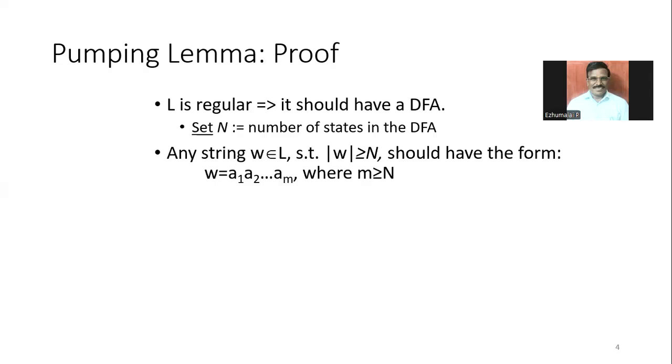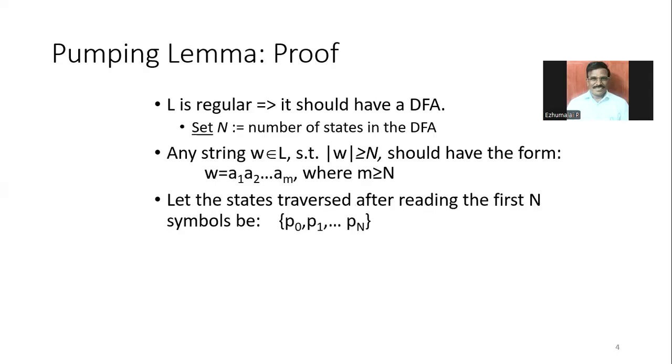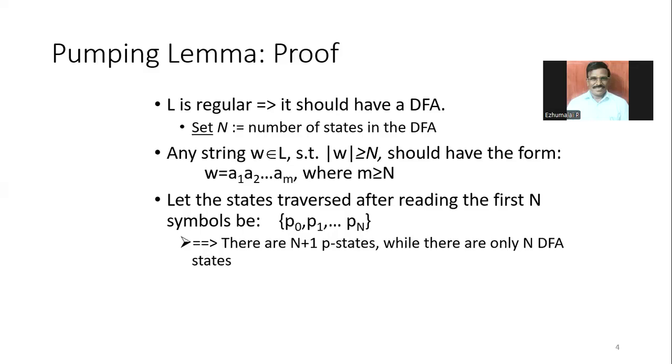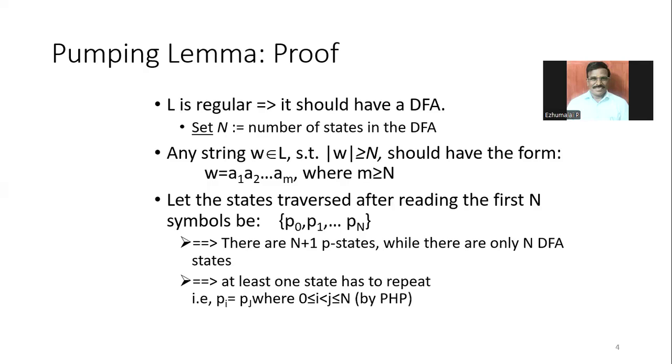The states traversed after reading the first n symbols are p0, p1, up to pn. There are n+1 such states, while there are only n states in the DFA, so at least one state has to be repeated. That is, pi equals pj, where 0 is less than or equal to i less than j less than or equal to n, by the pigeonhole principle.